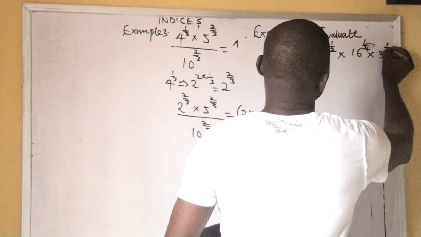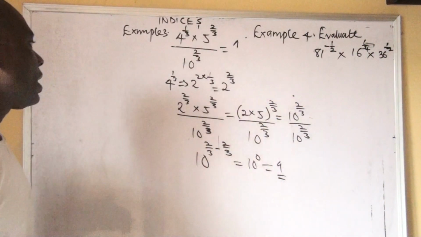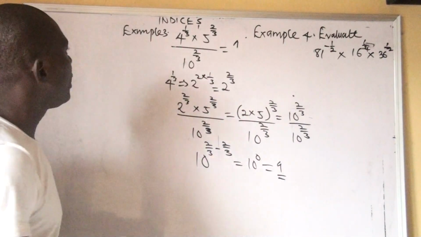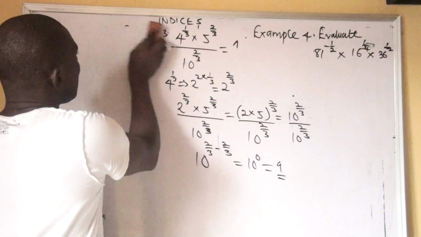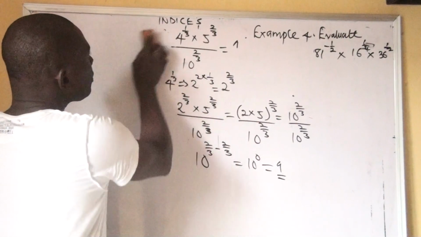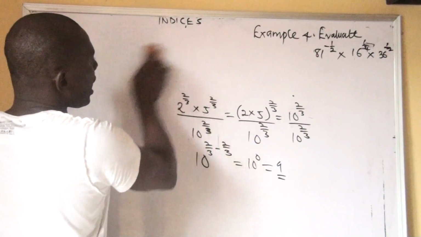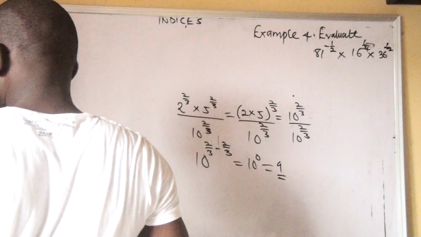So we should evaluate this. How do we easily manipulate this? How do we attend to these questions?